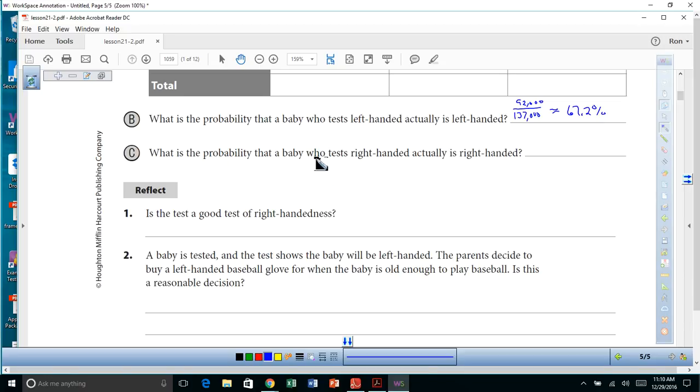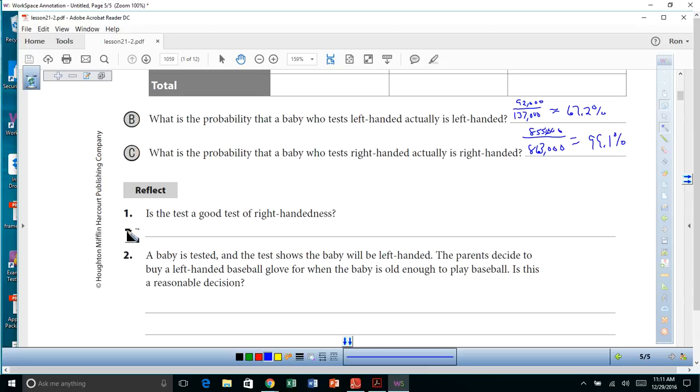What is the probability that the baby who tests right-handed actually is right-handed? So that was 855,000 divided by, and that was right here, 863,000. And that's about 99.1%. All right. Is the test a good test of right-handedness?